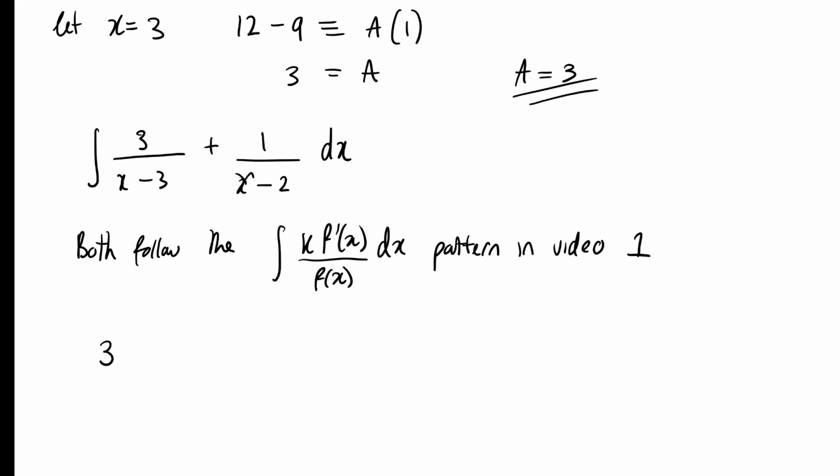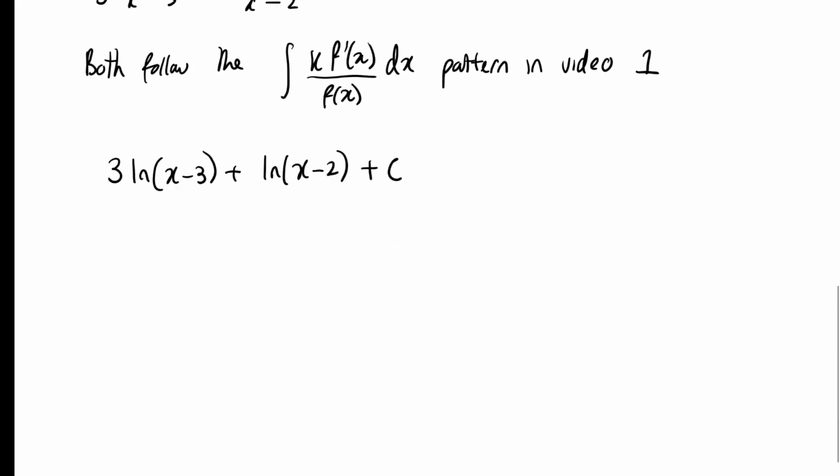So when integrated, they become 3 ln of x minus 3 plus ln x minus 2 plus c. Okay, let's move on to example 2.